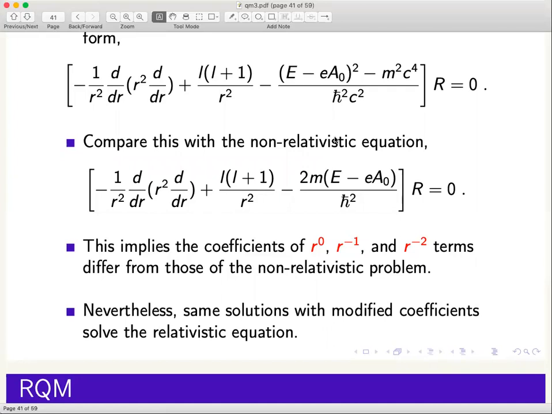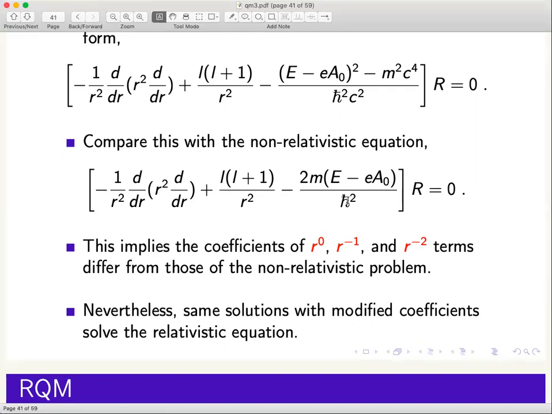You sometimes just keep the parameters free and try to see if you can solve the differential equation for free parameters, and then if you wish, you could choose specific values to get specific answers. In other words, even if this equation looks different from this equation, the general behavior of this differential equation is no different from the non-relativistic differential equation.